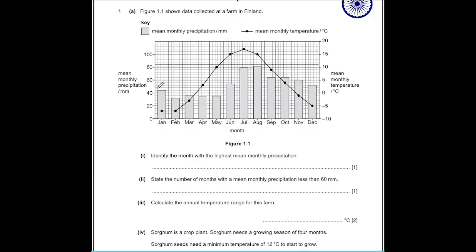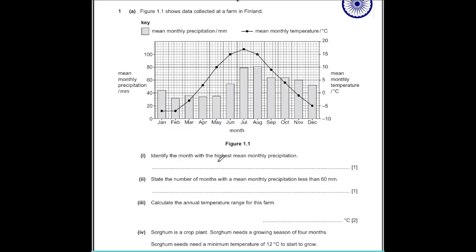Right, 1 2 3 4. Okay, so let's see, identify the month with the highest mean monthly precipitation. 44, 48, 52, 58 and then 60.